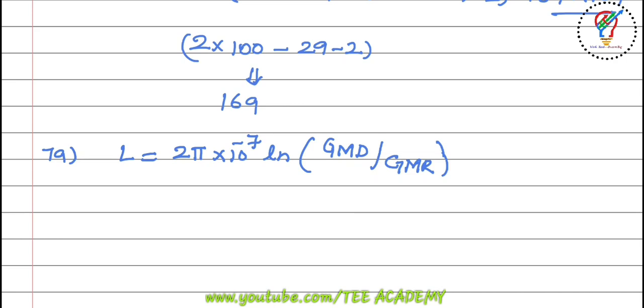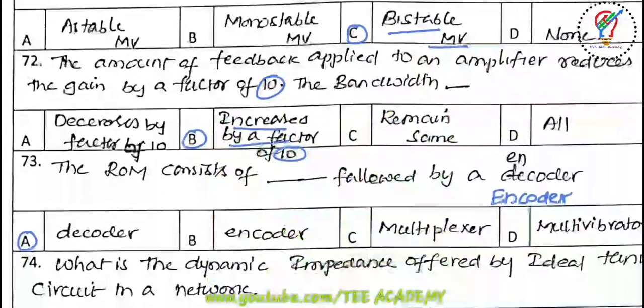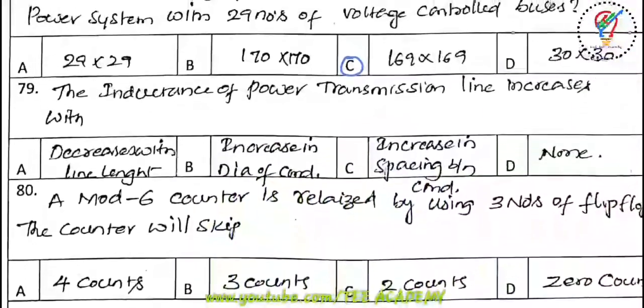The inductance of the power transmission line increases. If you want to increase L, there are two options. Either you increase the GMD or you decrease the GMR. So let's see the options here for the 79th question.